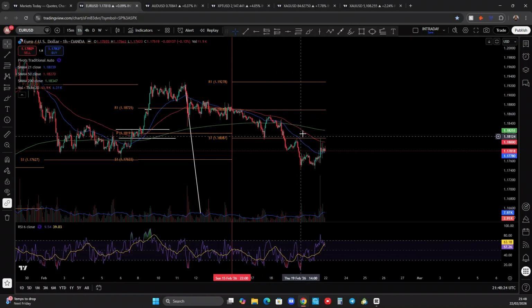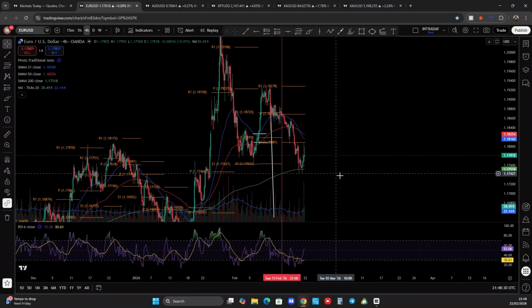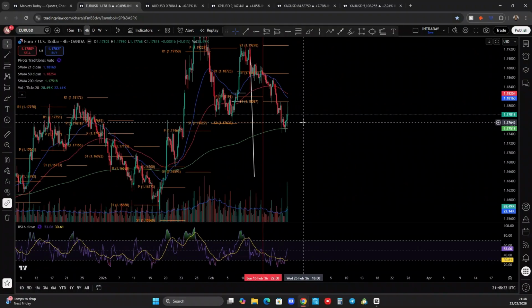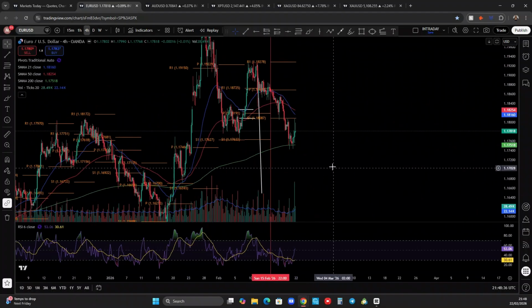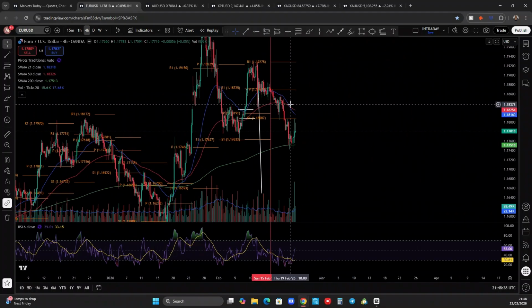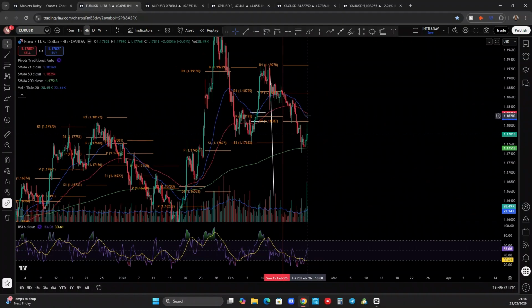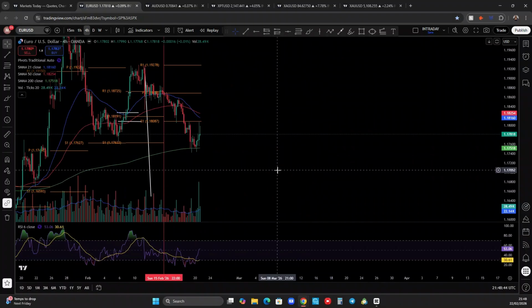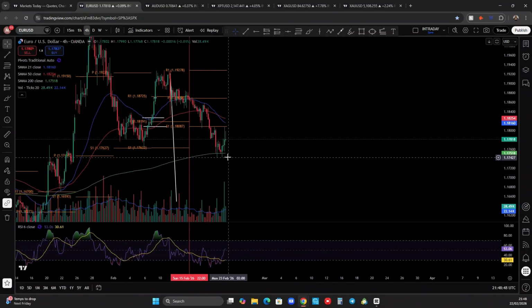The moving averages are in the bearish order, but on the higher time frame, which is the 4 hourly, the moving averages are not in order. We did have the crossover with the 50 and the 20-day moving average, right? And then we had the bounce off the 200.